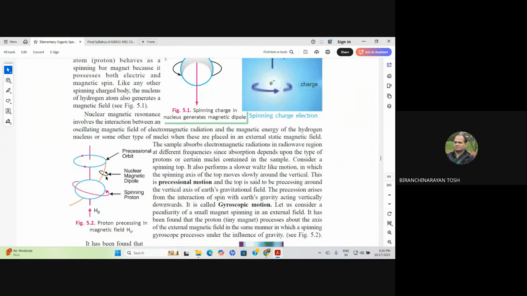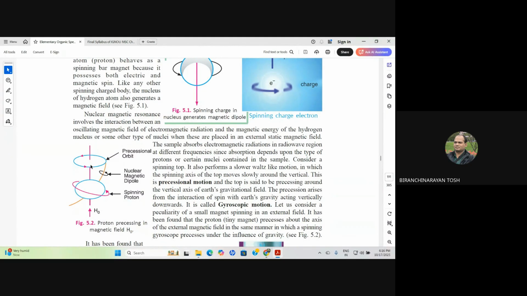So now we'll discuss the nuclear magnetic dipole, the spinning proton. Proton, in the sense of nuclei which contain only one proton, as in the simple hydrogen atom. When the proton spins, it will have two types of motion: a spinning motion and a gyrational or precessional motion. This type of motion is observed in a spinning top.